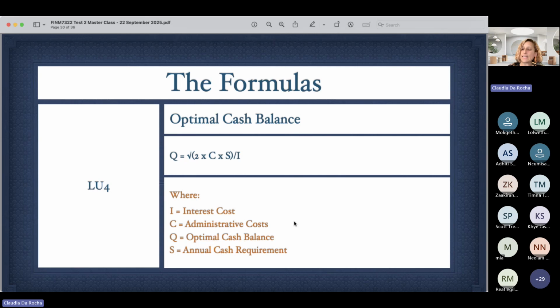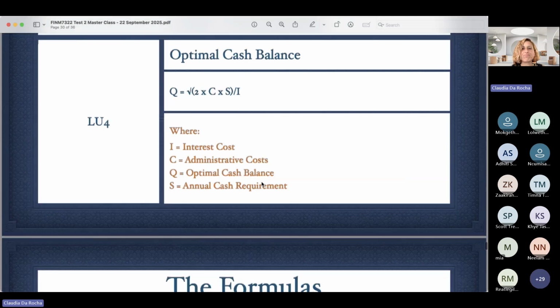And in essence, it's a way of determining what would your optimal cash balance be. So what does your cash balance have to be for your business to function optimally? And this is the formula. Again, this little tick is actually a square root. So it's 2 times your administrative costs times your annual cash requirement divided by the interest cost. So this is important to know.